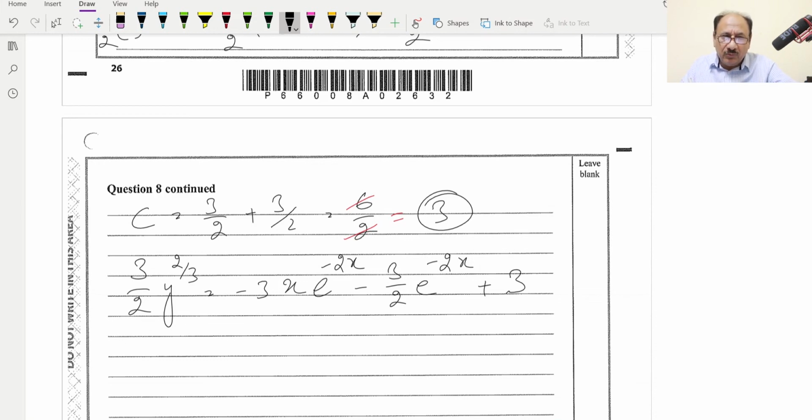Now we have to just simplify. What we can do is shift this 3 by 2 to the other side, and we will get y raised to power 2 by 3 on this side.